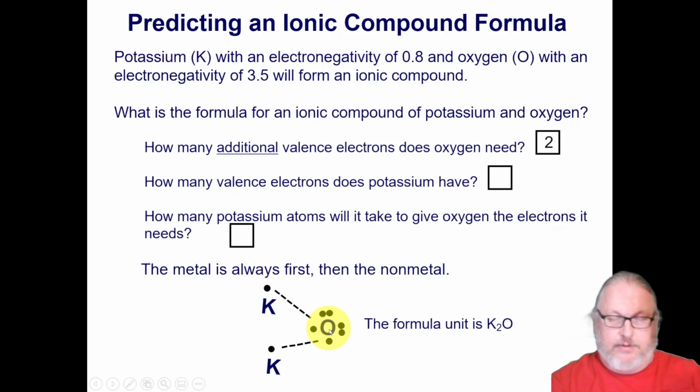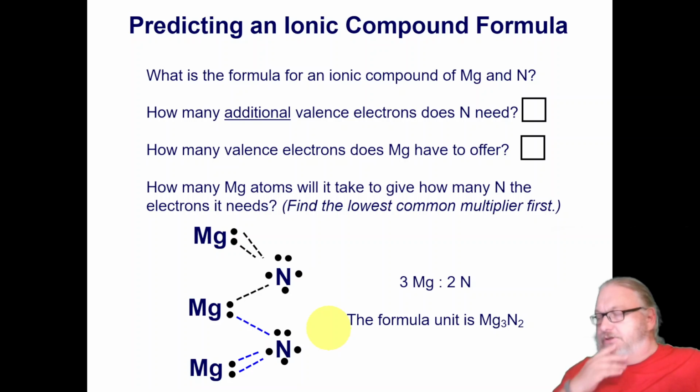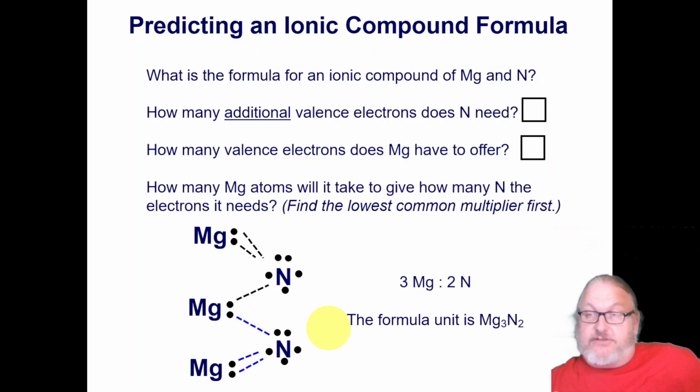Okay, we just solved that one. So let's look at magnesium and nitrogen. Nitrogen is in group 15, so that's a nonmetal. Magnesium is a metal, so that will form an ionic compound. How many additional valence electrons does nitrogen need in order to have a noble gas configuration? Each nitrogen needs 3 valence electrons.